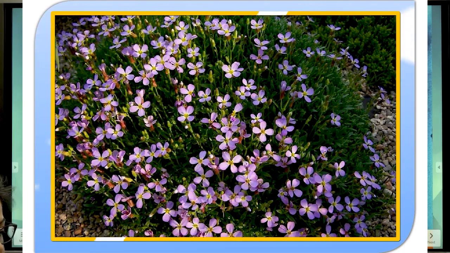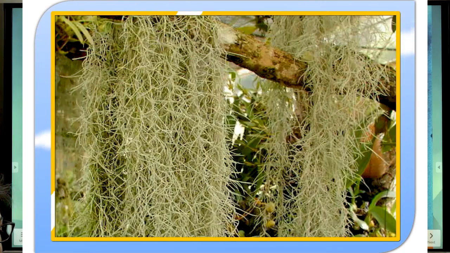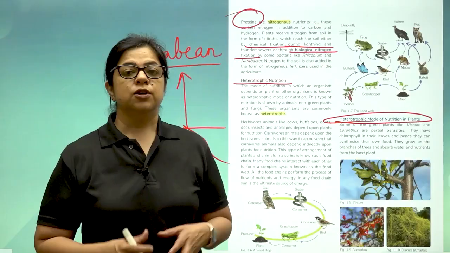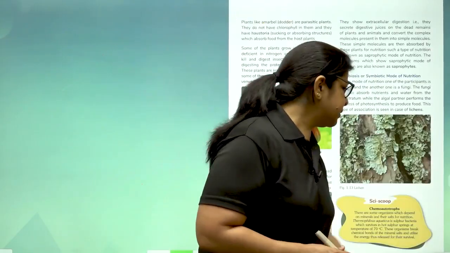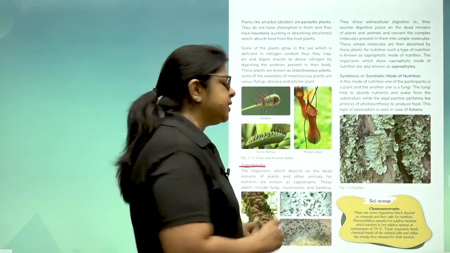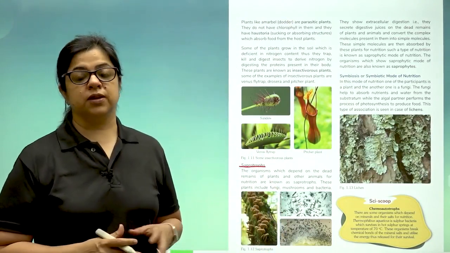The mode of nutrition in which an organism derives ready-made food from the body of another living organism is called parasitic nutrition. The organism that obtains ready-made food is called a parasite and the organism from whose body the food is obtained is called the host. So we have understood the parasitic mode of nutrition and we have also understood the saprophytic mode of nutrition.